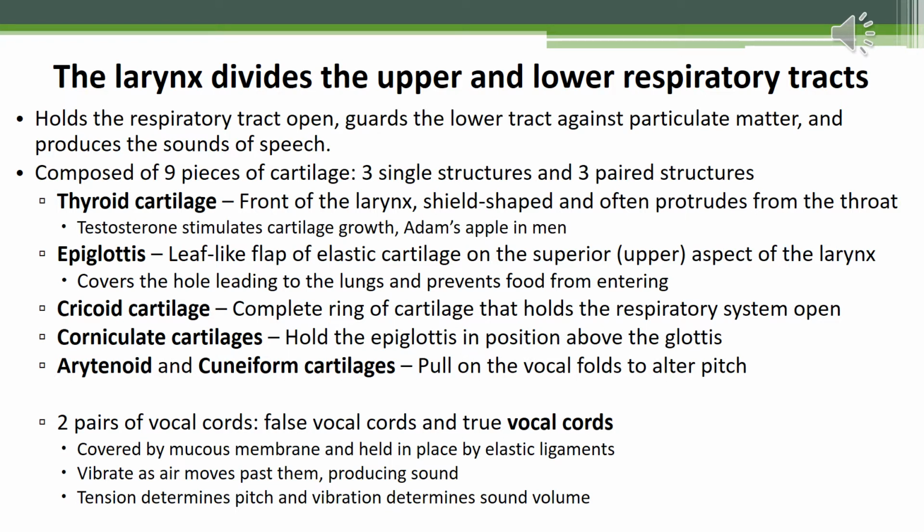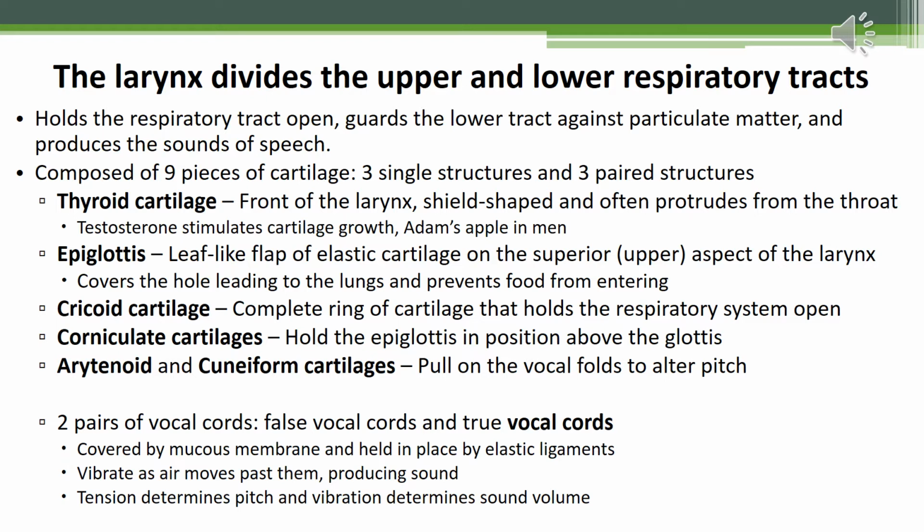And the larynx is actually composed of a total of 9 pieces of cartilage, 3 single piece structures, and 3 paired structures. So that equals 9. And this consists of thyroid cartilage, which is at the front of the larynx. And this is a shield-shaped piece of cartilage that often protrudes from the throat.